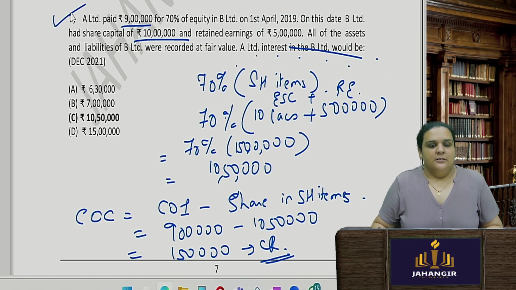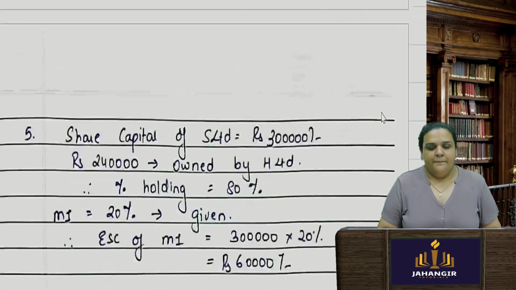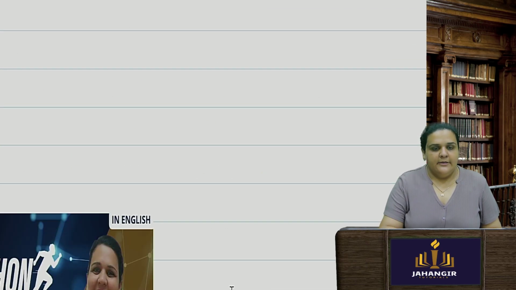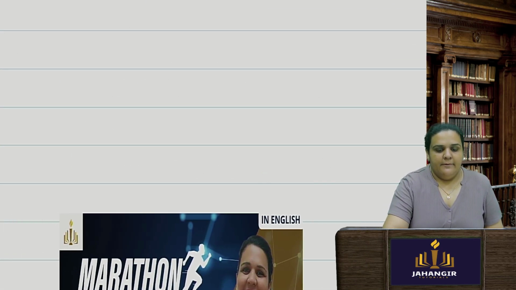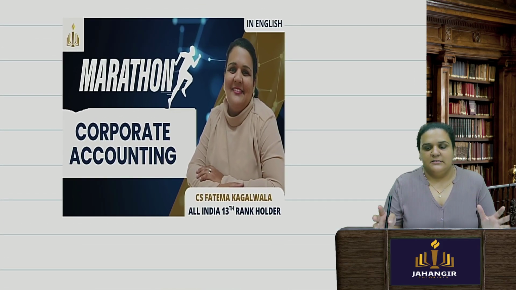Alright. So this is it with your consolidation of accounts. Okay. Now, as I told you that my marathon is going to help you understand the whole concept of the chapter in a comprehensive manner.